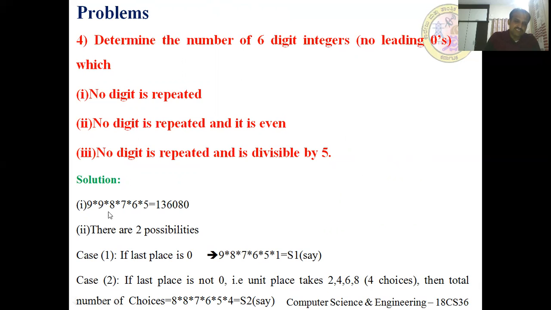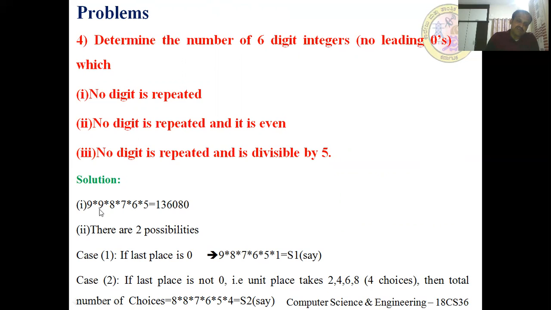The first position can be filled excluding 0. That means except 0, the remaining digits are from 1 to 9. That's why it can be filled in 9 ways. Having filled any one of the numbers from 1 to 9, one digit is occupied, then the second position can be filled in 9 ways.